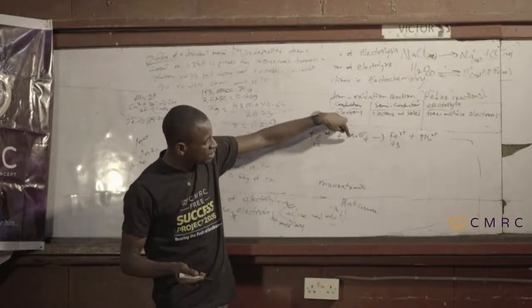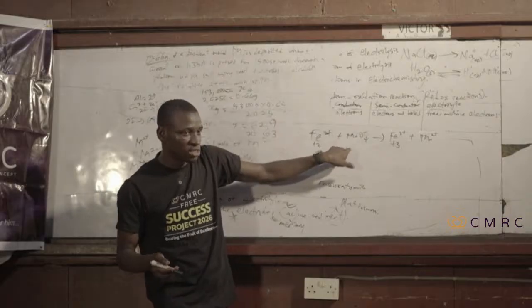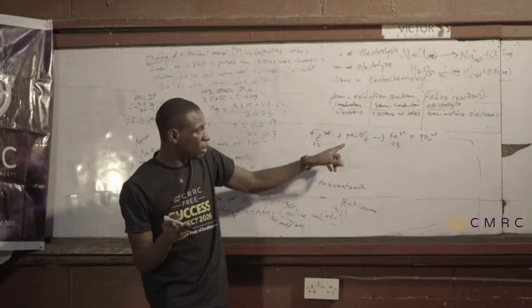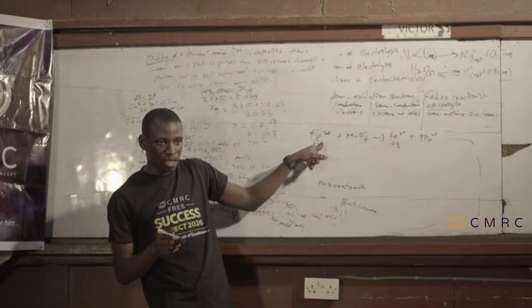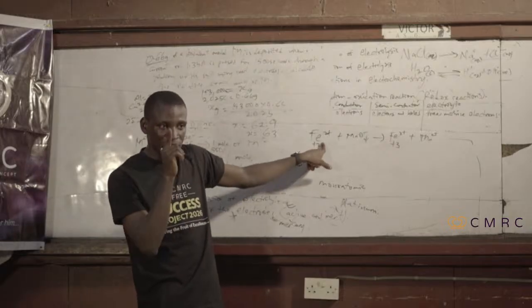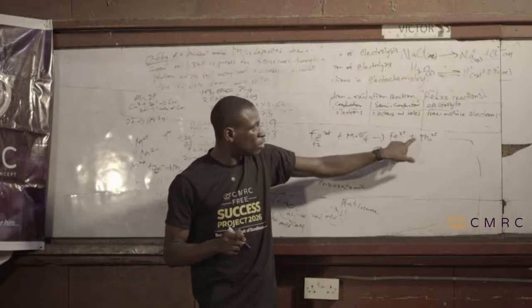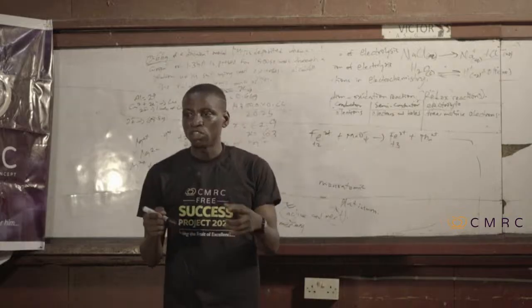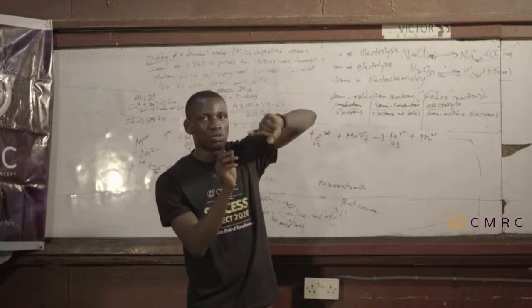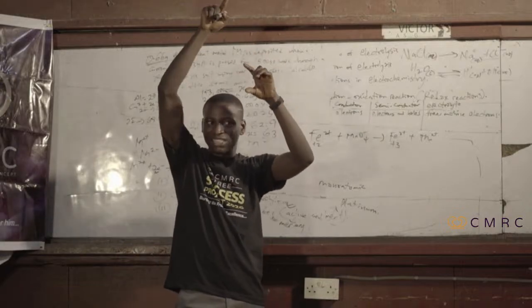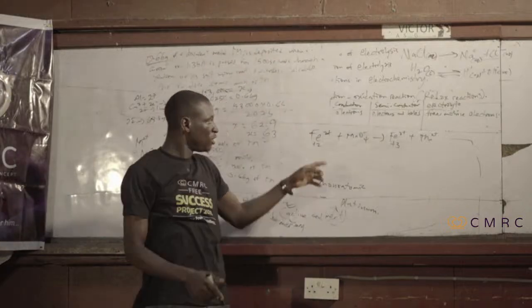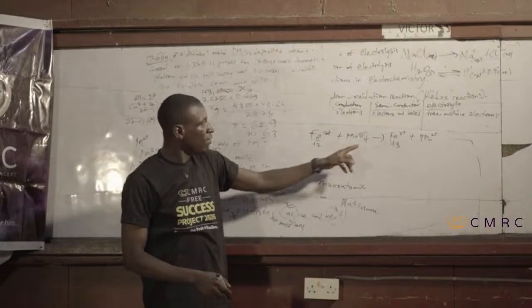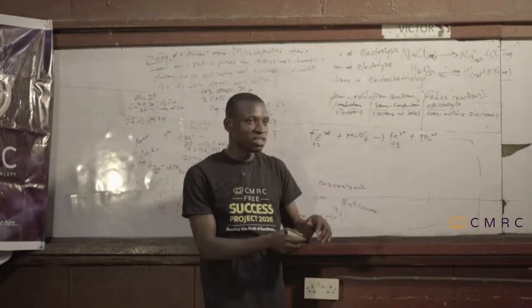There's a manganese atom inside, and there's oxygen, more than one atom. So this is a polyatomic ion. But this one is monoatomic, just one atom. This one too is monoatomic. Whenever you have a monoatomic ion, the oxidation number is equal to the charge carried on top. So if you have Fe2+, what's the oxidation number? Plus 2. Fe3+? Plus 3. Mn2+? Plus 2.